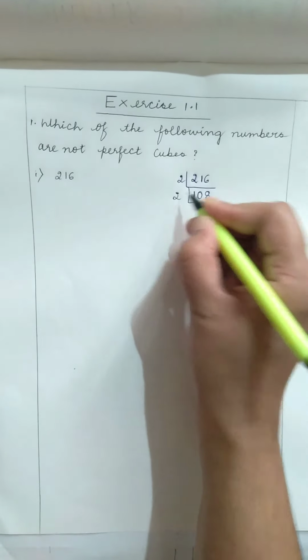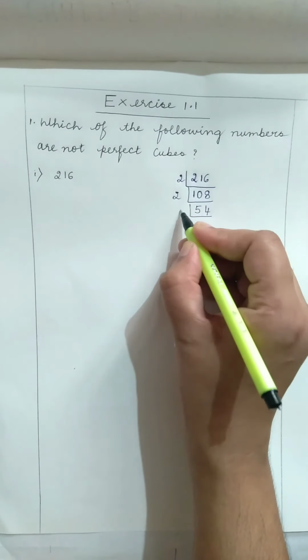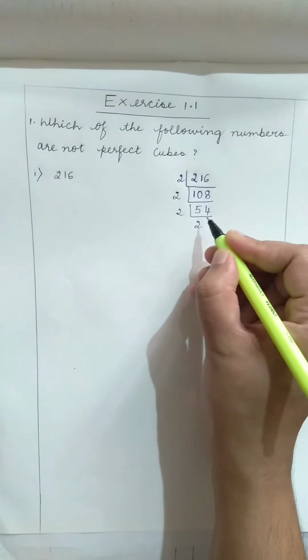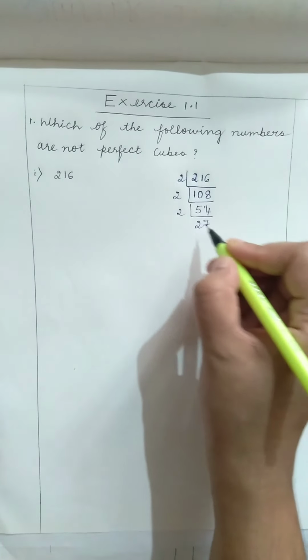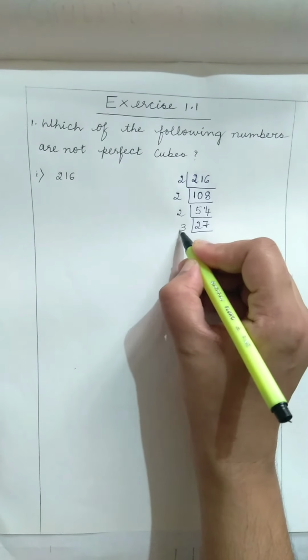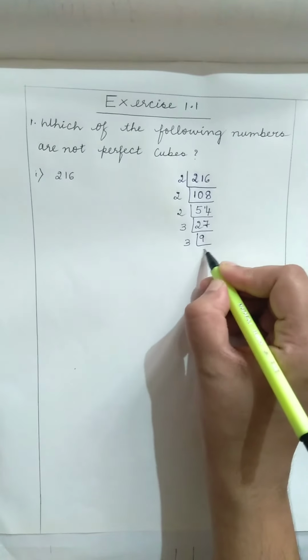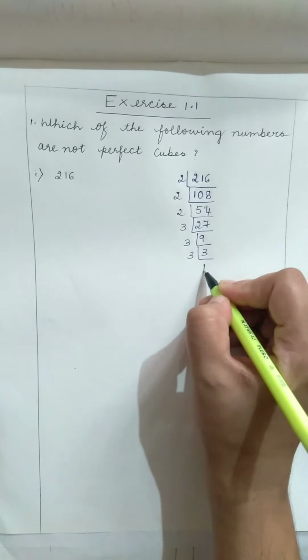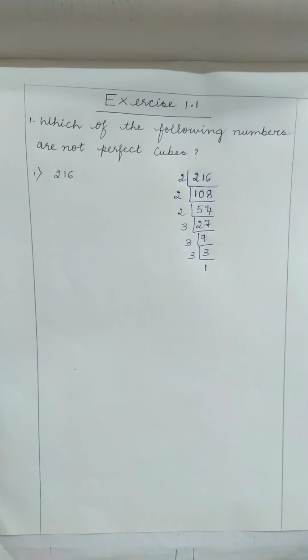Again it goes by 2, 2 fives are 10, 2 fours are 8. Again it goes by 2, 2 twos are 4, 5 minus 4, 1 is remaining, 2 sevens are 14. Now we have 27, then it goes by 3, 3 nines are 27, 3 threes are 9 and 3 ones are 3. So these are the factors of 216.